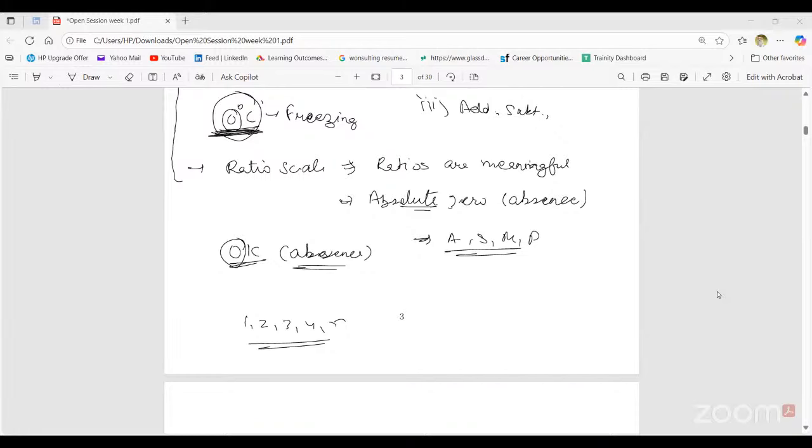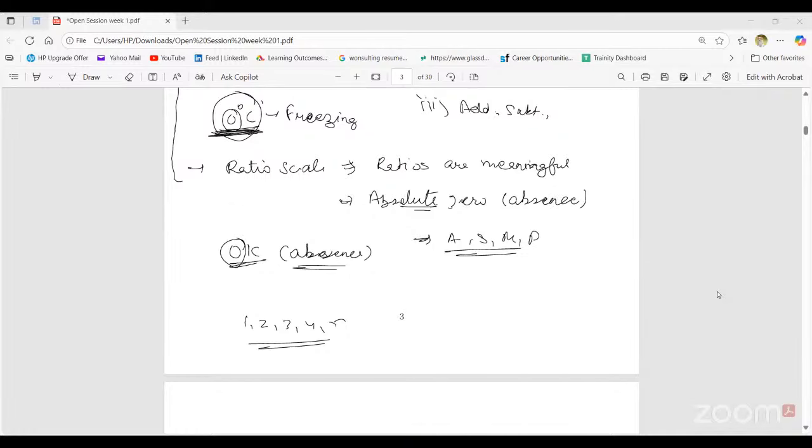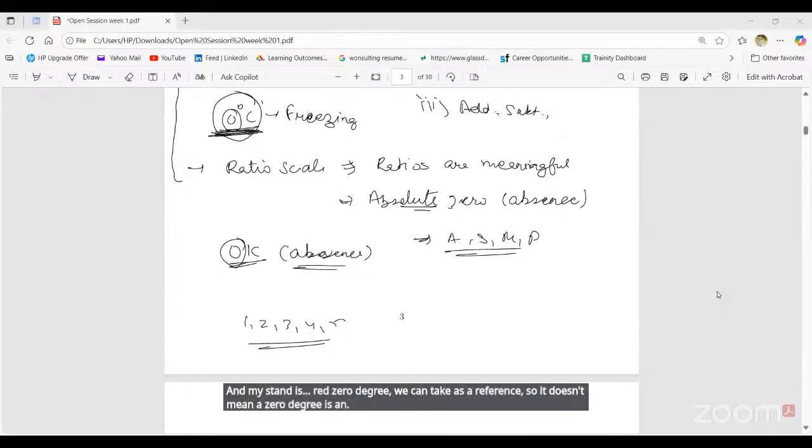You're asking about the angle of measurement. Is it a ratio scale or an interval scale? I think Kaushal sir said that it's not a ratio scale and Harsh sir said that it's a ratio scale. And my stand is that 0 degree we can take as a reference. So it doesn't mean that 0 degree is an absence of angle.